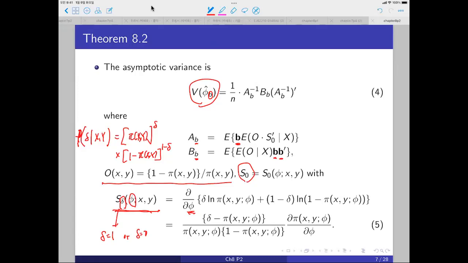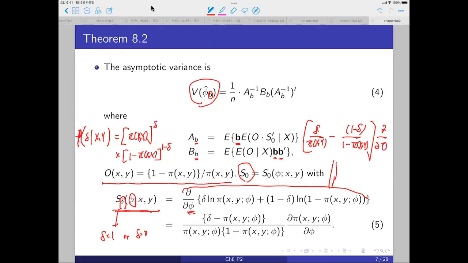Then if you do that, it's all algebra. You have a one, because it's a log of pi, so delta divided by pi(x,y), plus you have a minus, 1 minus delta over 1 minus pi(x,y), and then the partial derivative of pi with respect to phi. So you do this, and then take the partial of pi with respect to phi, and then simplify.